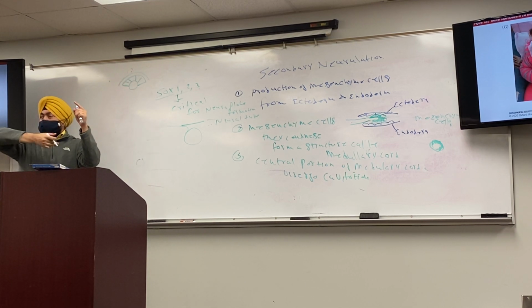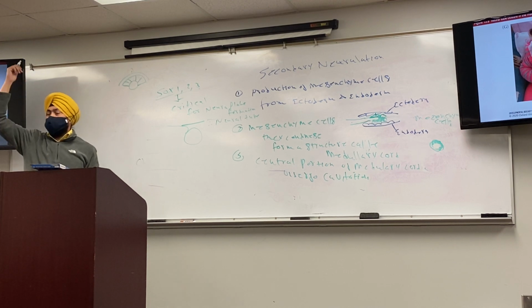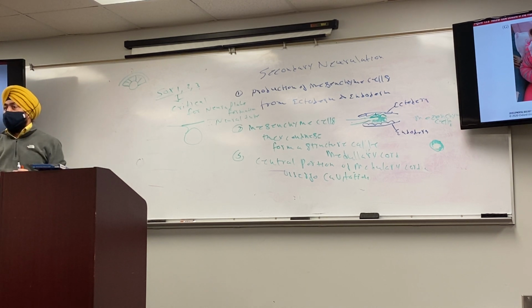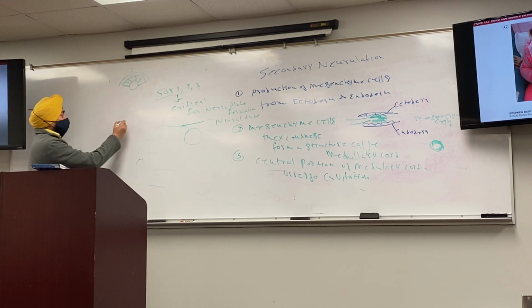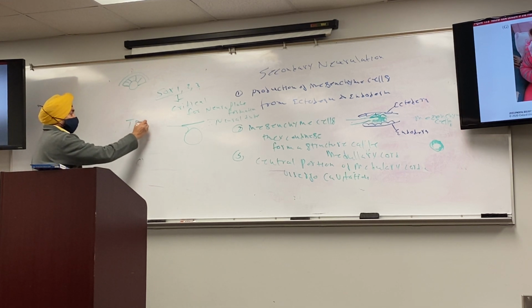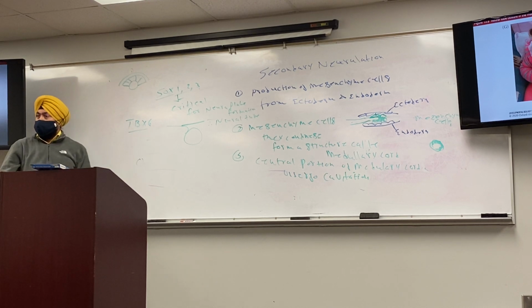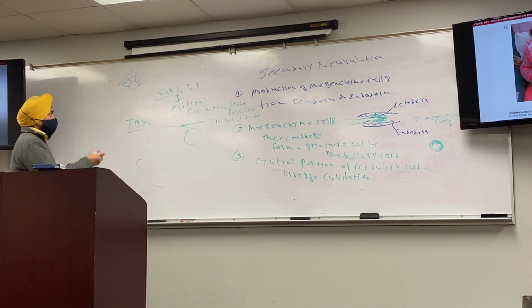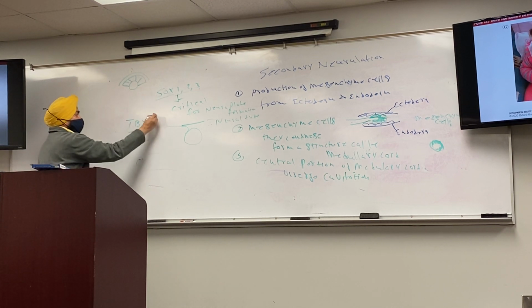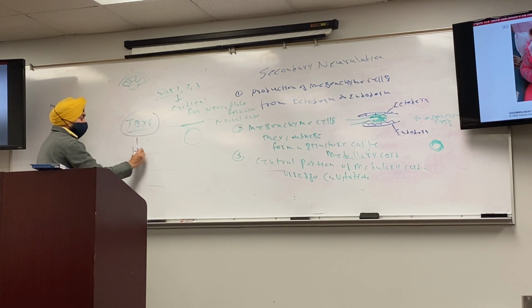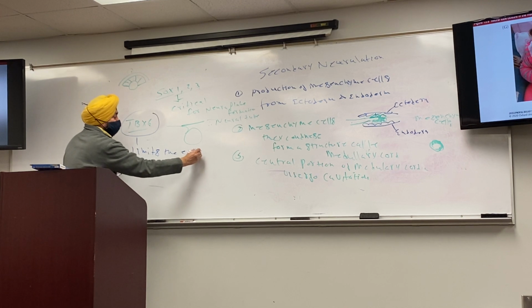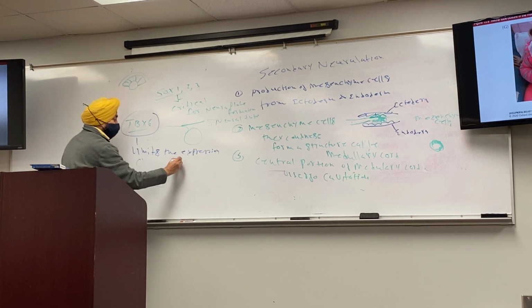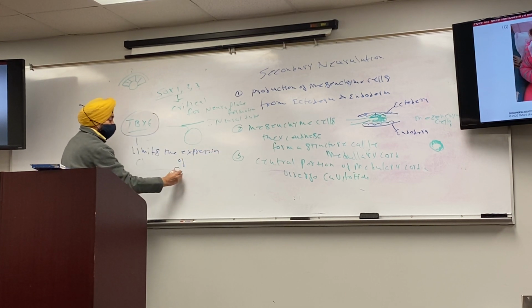So wherever it is, you will have SOX1, SOX2, SOX3, so you have to limit that spread. So then there is a protein called TBX6. That TBX6 inhibits, it limits the expression of SOX genes.